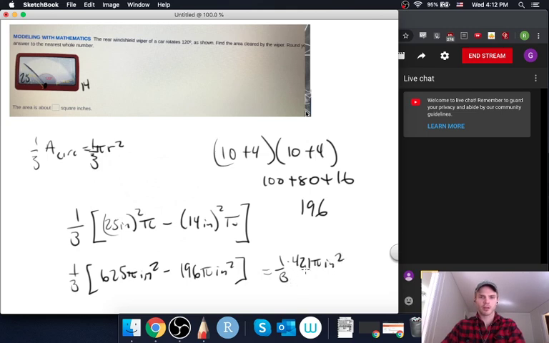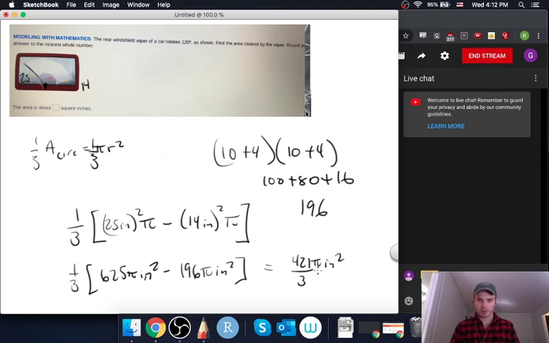And then this is 6, 7. Well, I guess it's not divisible by 3. Six plus 1 is 7, yeah. So it's just straight up 421 over 3 pi inches squared. And they want you to actually approximate this.